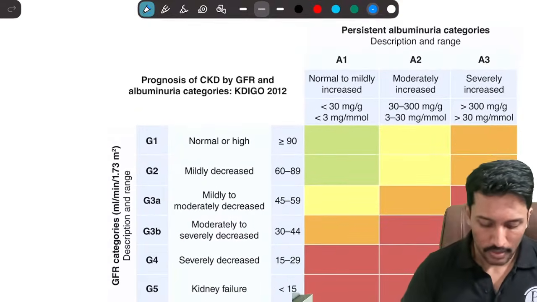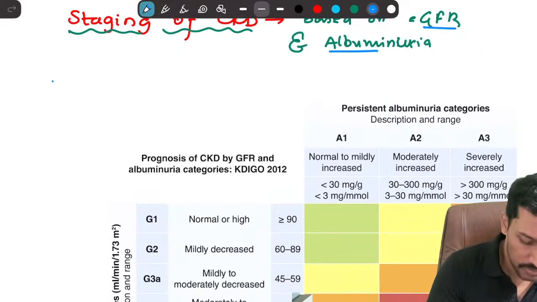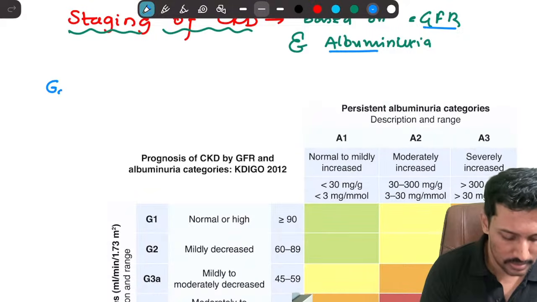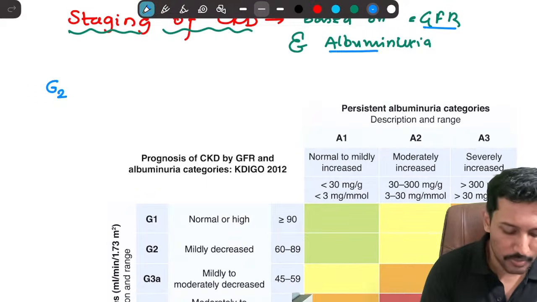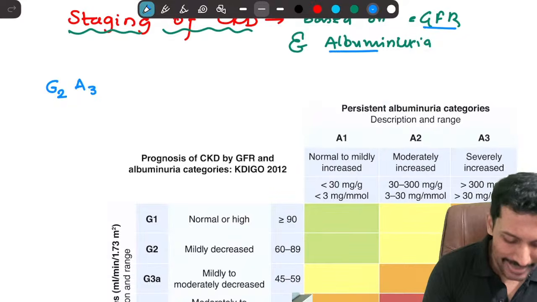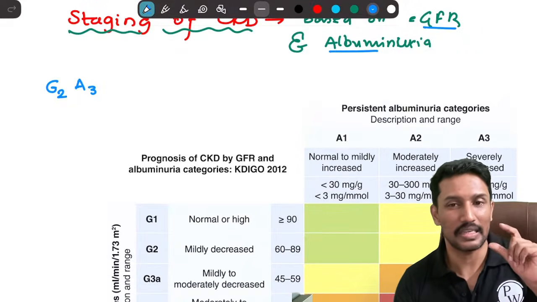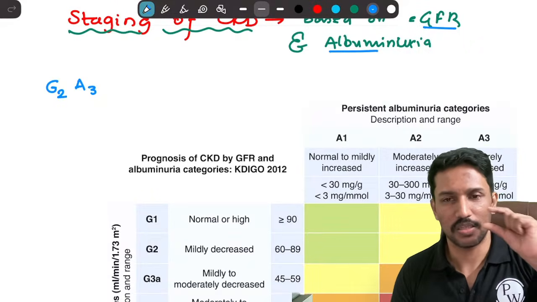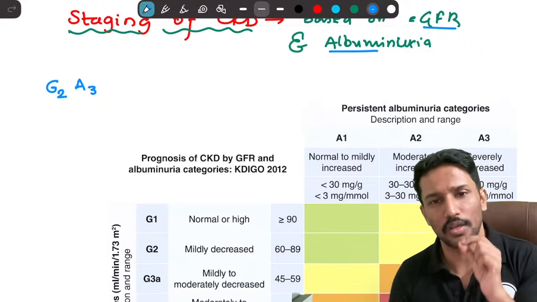Okay. So like let us say I have a patient with, in terms of GFR, this patient has G2 stage, and in terms of albuminuria, this patient may have A3 stage. So every patient's CKD is given this two digit numbering system, G and A. G stands for GFR, A stands for albuminuria, right?